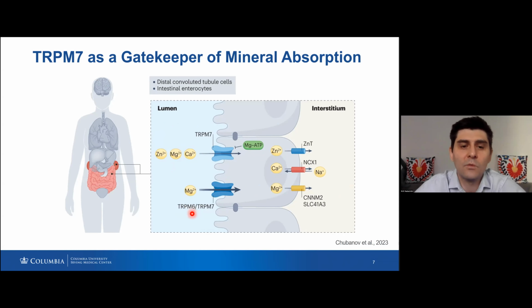And the heterocomplex of the highly homologous TRPM6 protein with TRPM7 also conducts a lot of magnesium. Interestingly, the TRPM7 channel is also inhibited by magnesium and magnesium ATP inside the cell. So there is a kind of a loop that prevents the overload of the cell by magnesium and other divalent cations.